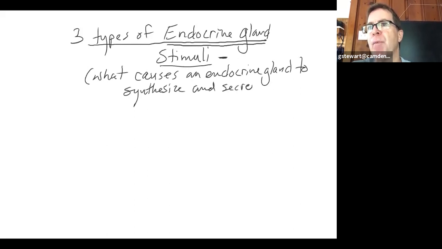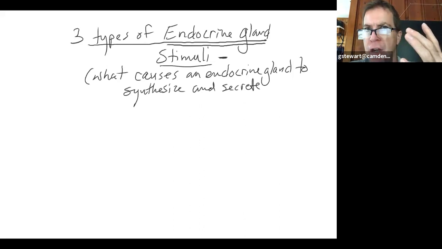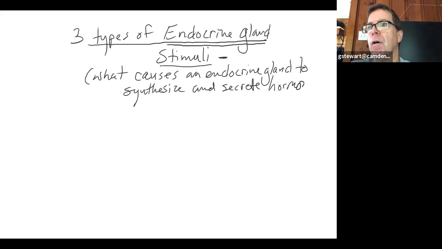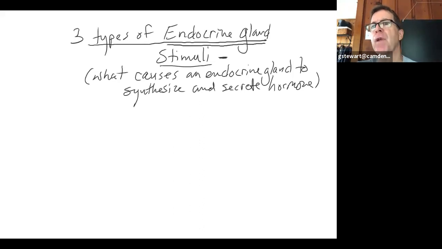So we're going to the opposite end of the chain of system from the target cell. What causes an endocrine gland in the first place to synthesize and secrete a hormone? And there's 3 basic main types of stimuli that can be put onto an endocrine gland to actually start secreting a hormone in the first place.